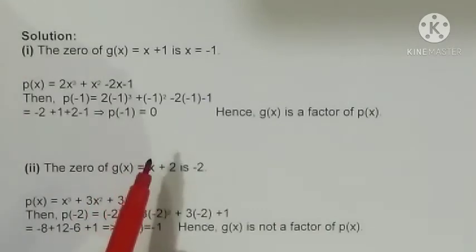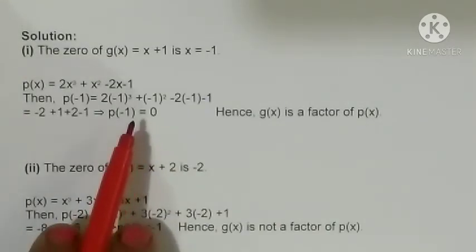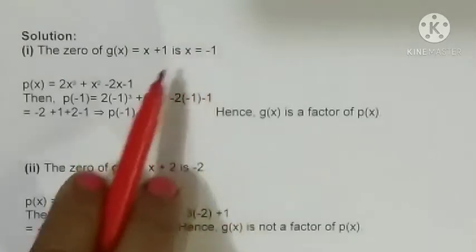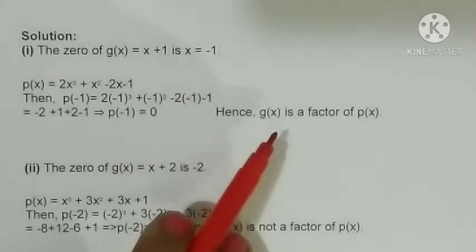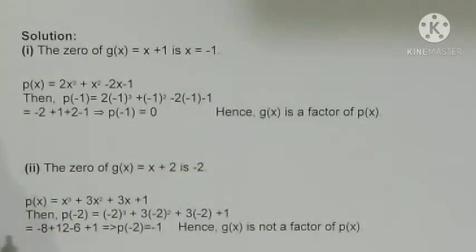What did we get here? We got the remainder as 0 only when the factor is x plus 1. So we write that g of x is a factor. Now what is the second question for us? G of x equal to x plus 2, whether it is a factor we should check. So we solve for x, that is x equal to minus 2 only. What is the given polynomial?